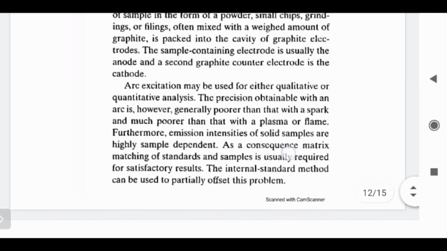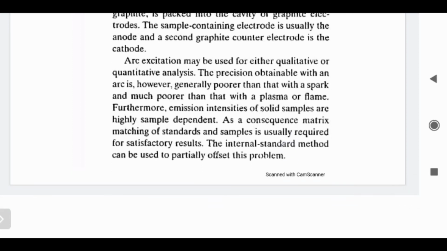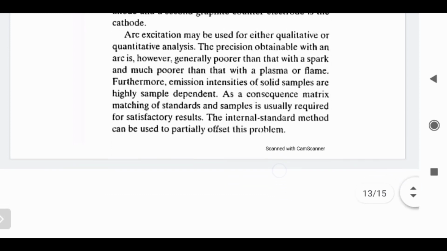Okay, and in limitations we can see that these techniques are not superior over the other techniques. They have poor precision, and the signal or emission intensities obtained are highly sample dependent, and the signals obtained by using these techniques are quite complex.